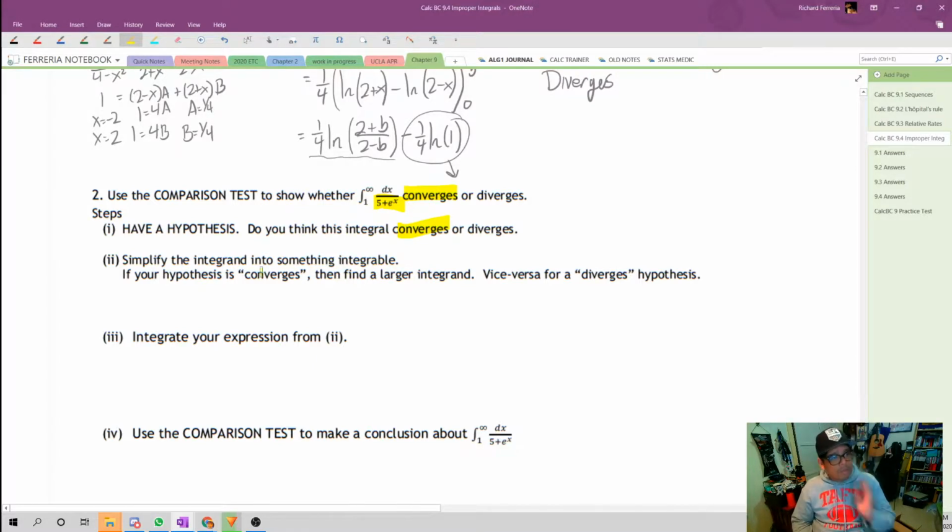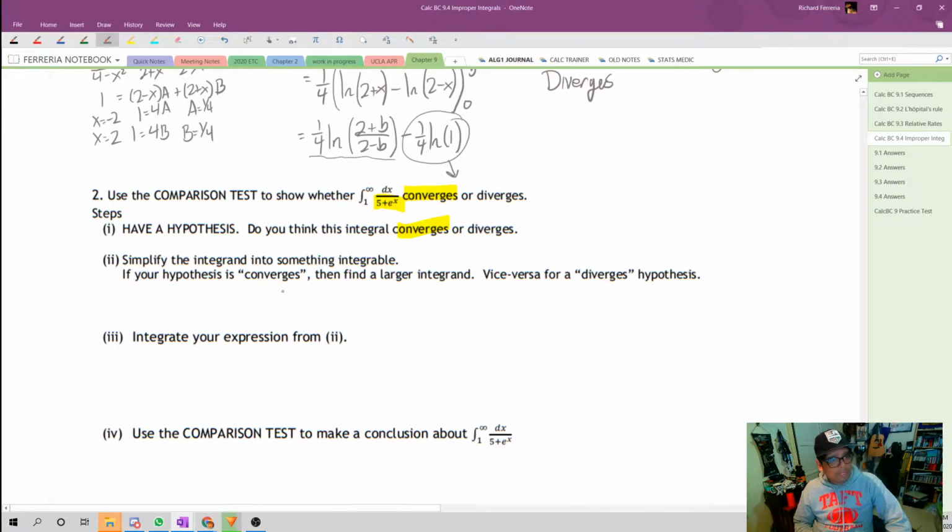If you think you're going to have a function that converges, then you want to find a larger integrand. And if our hypothesis is diverges, then we're going to find a smaller integrand.